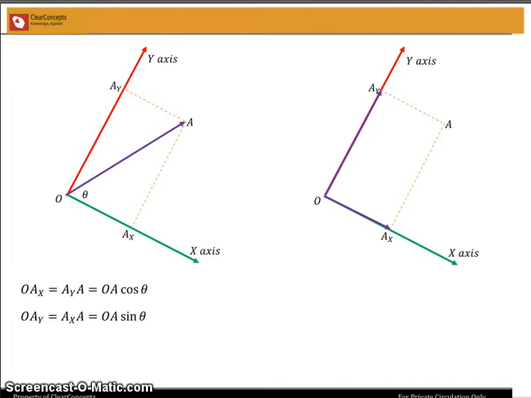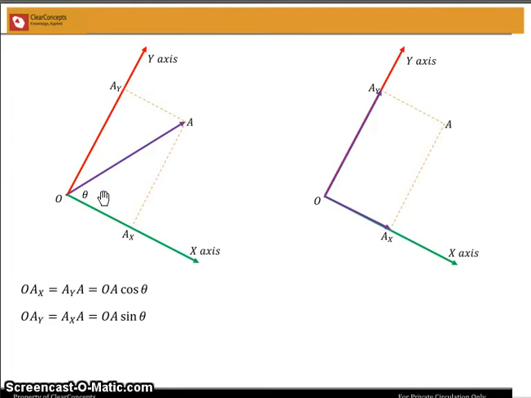One is, say, I've got the length of the diagonal and the angle that the diagonal makes with the x-axis. That is this figure on the left, where OA is the diagonal, and that's the length of the diagonal that's been prescribed for us, and theta is the angle, the orientation of this diagonal.